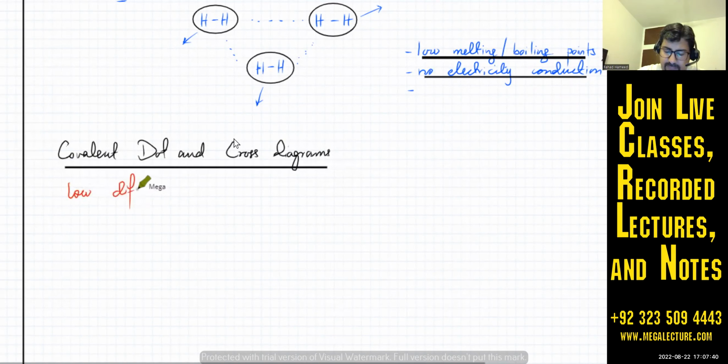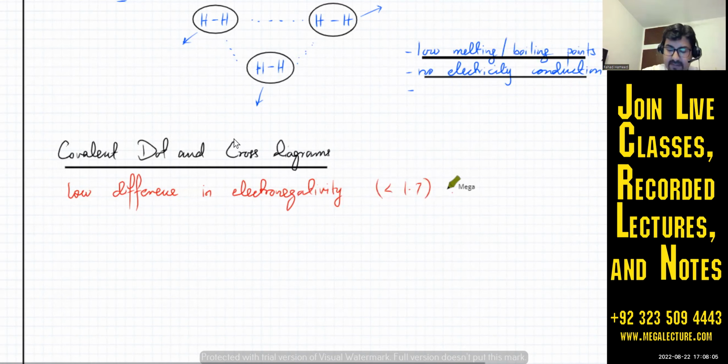So it's going to form between any atom that has a low difference in electronegativity, and the number was less than 1.7. Okay, so you're going to have a covalent molecule.